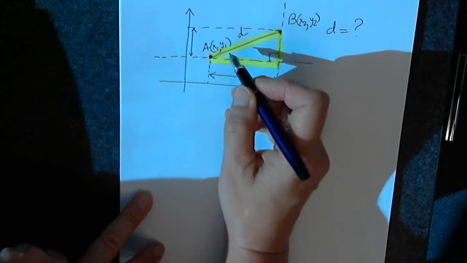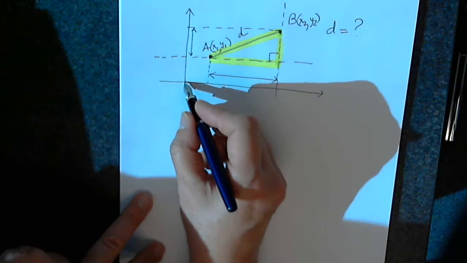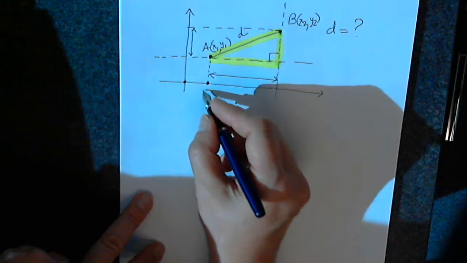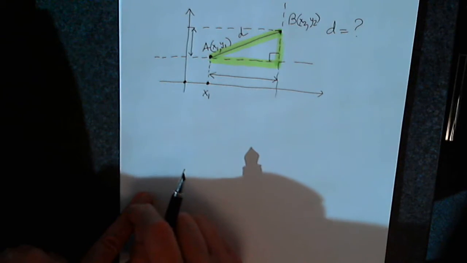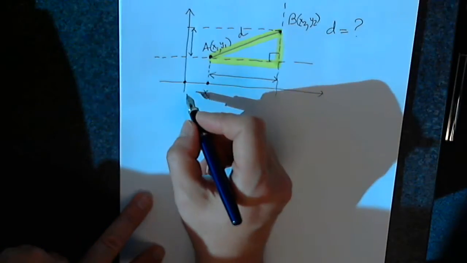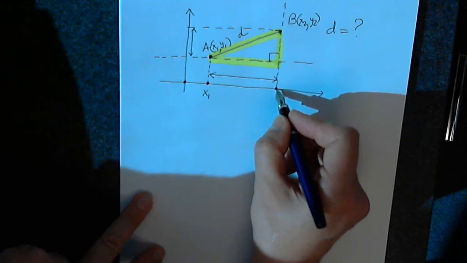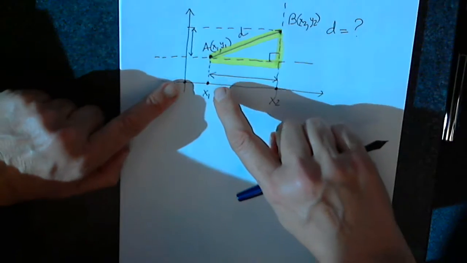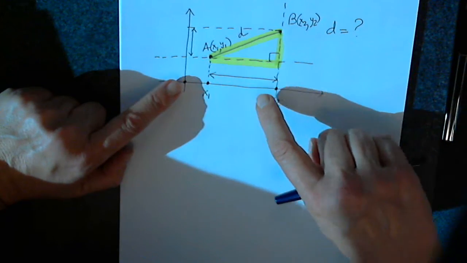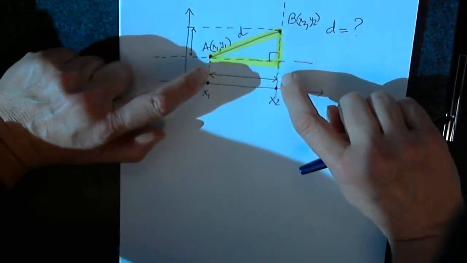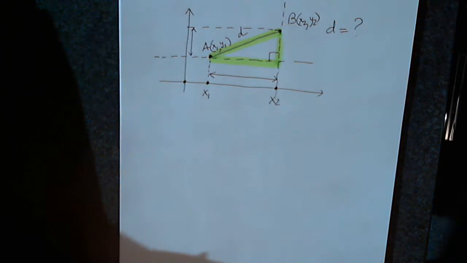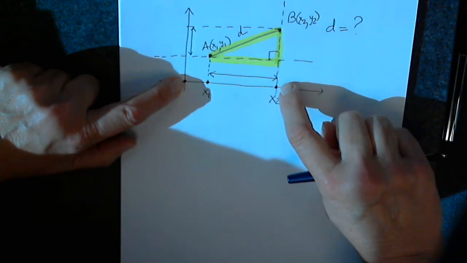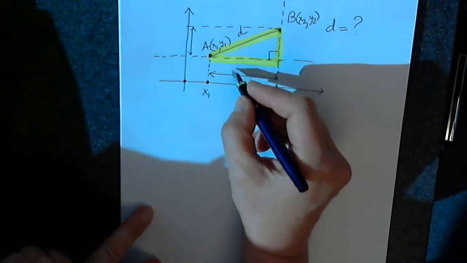If A has coordinates x1, y1, how much is this distance from the origin till this point? It's x1. If you want to call it 3, you can. Now, what is the distance between the origin and this point? Right. So now if we know that this is x1 and this is x2, can anyone give us this distance? x2 minus x1.